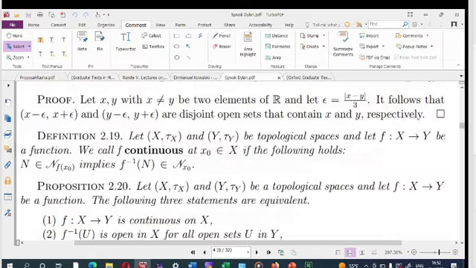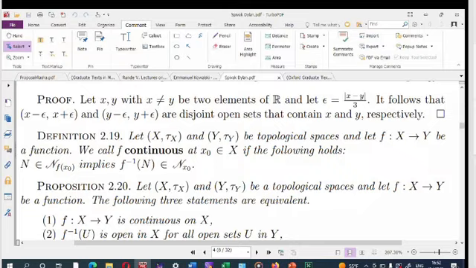Let X and tau of X and Y and tau of Y be topological spaces, and let f from X to Y be a function.